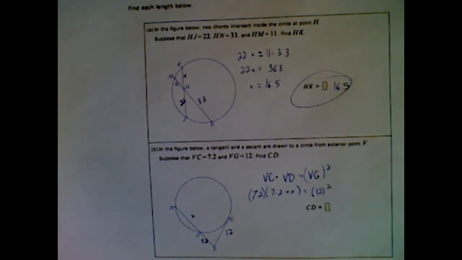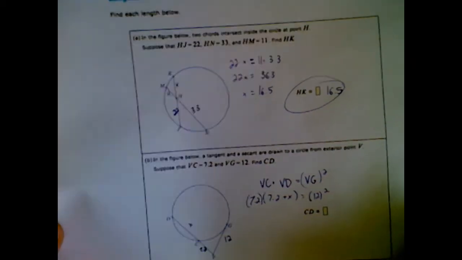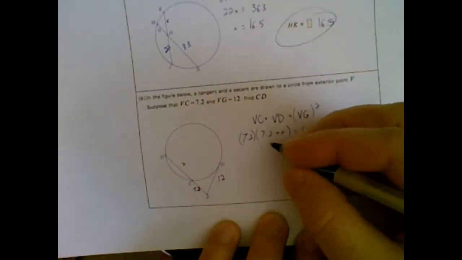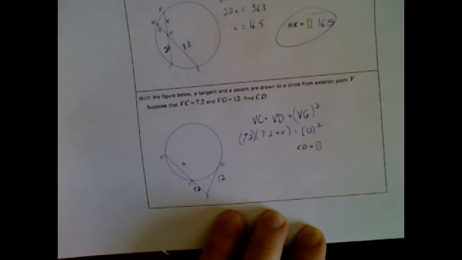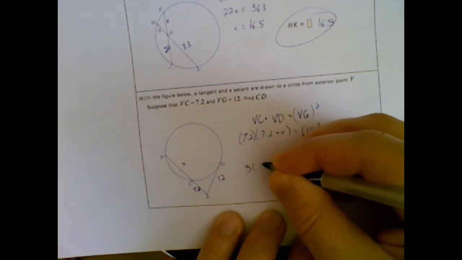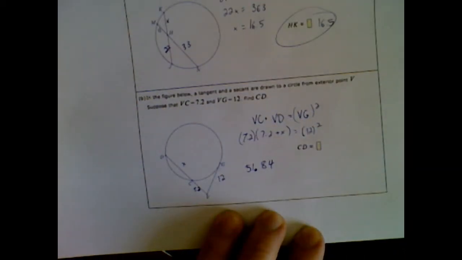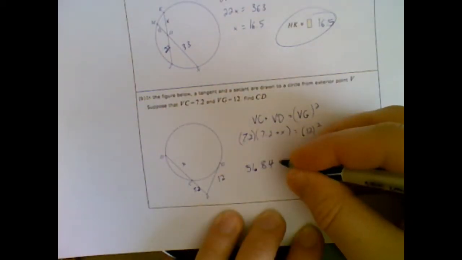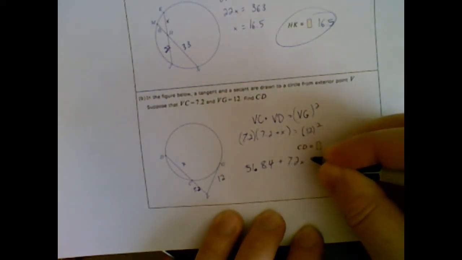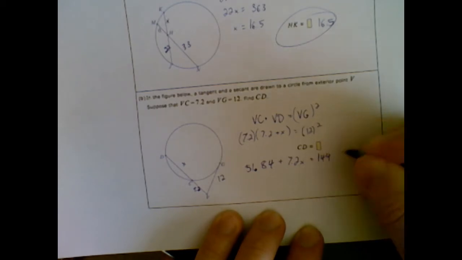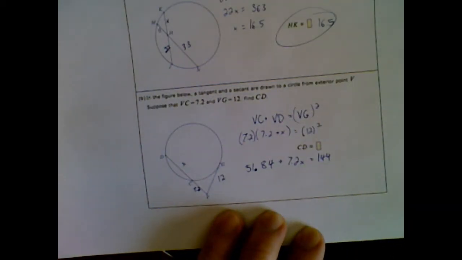All right, so let's try and clean this up the best we can. So if I distribute that 7.2, we end up with 51.84 plus 7.2x equals 144. All right, 12 squared.